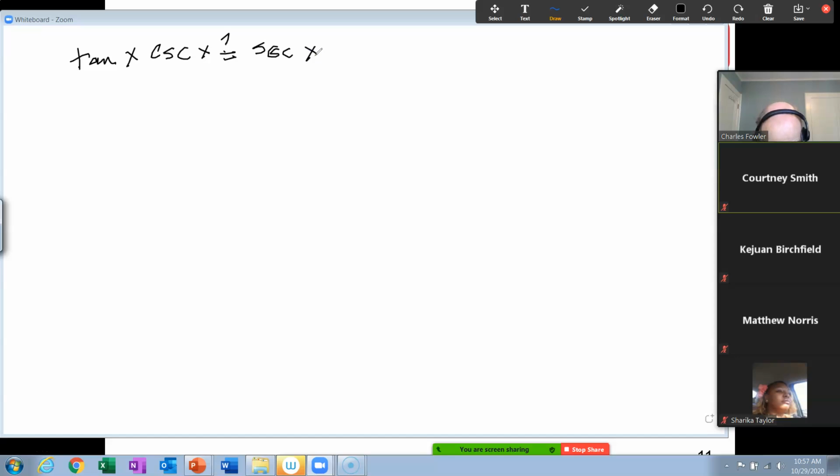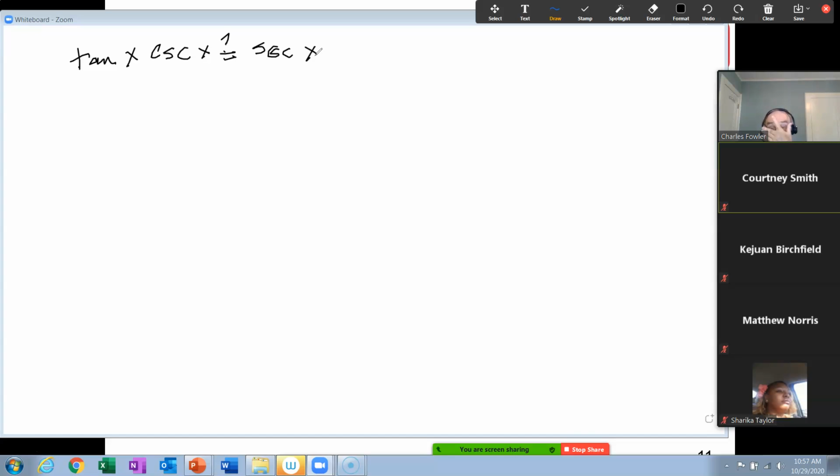Now, the earlier ones had a bunch of squares in them. That usually led to Pythagorean identities. This one doesn't have a square in it anywhere that's visible, so I wouldn't even mess with Pythagorean identities.